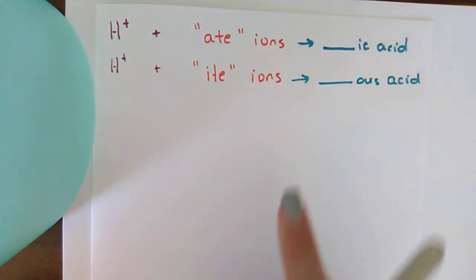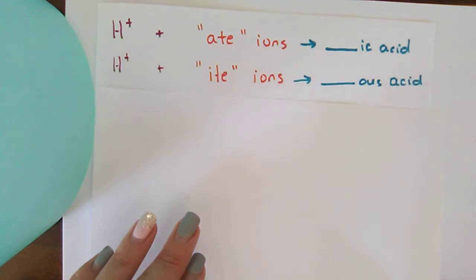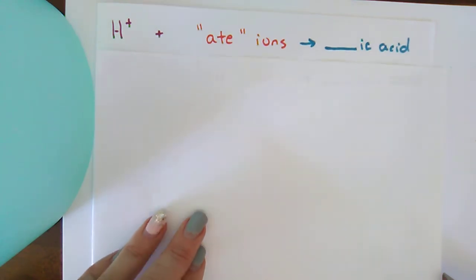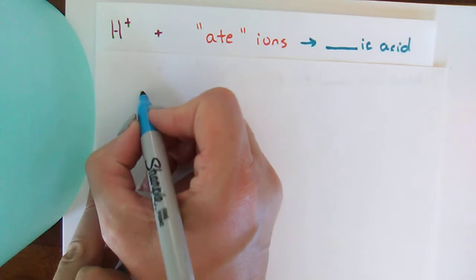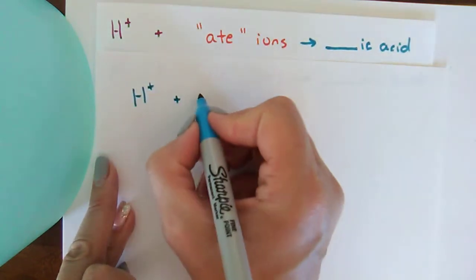Now, whenever hydrogen attaches to an ate ion, we would call this an ic acid. If hydrogen attaches to an ite ion, we would call this an us acid. Let's do a couple of examples. Suppose that we want to combine hydrogen, which we know always has a +1 charge, with chlorate.